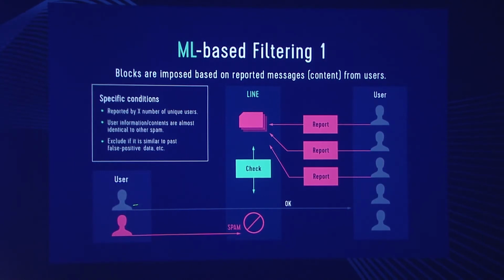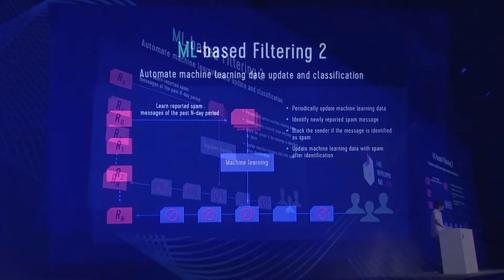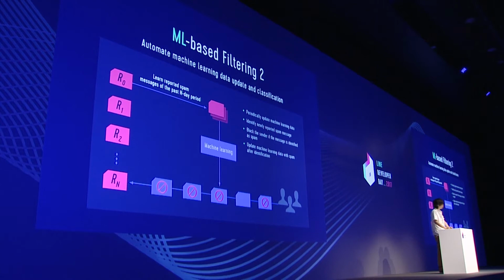So after we accumulate such spam messages, so these are the reported messages, and for those reported messages, we'll make a decision whether these should be blocked or not. Obviously, not 100% of the reported messages are actually spam. We found out that 80% of them are spam messages, and the remaining 20% are reported by mistake, or it could be something that they had a fight with a friend, and they designated such a friend's account as spam.